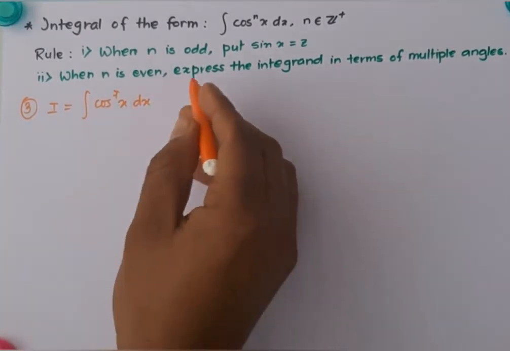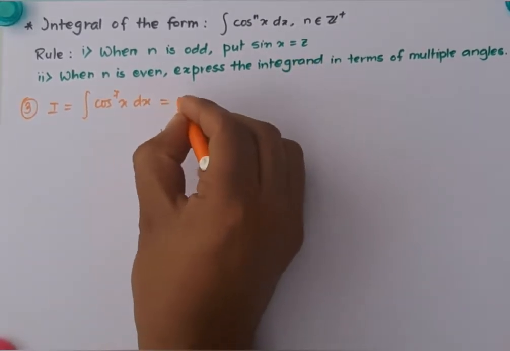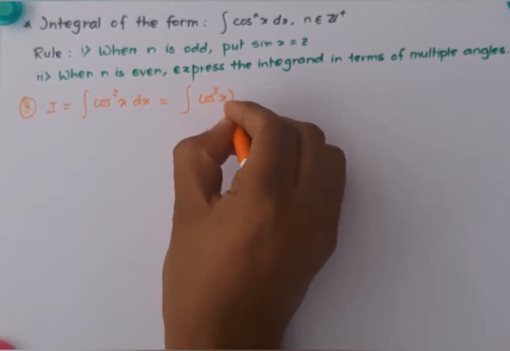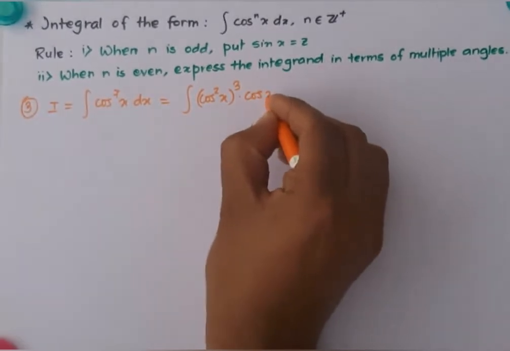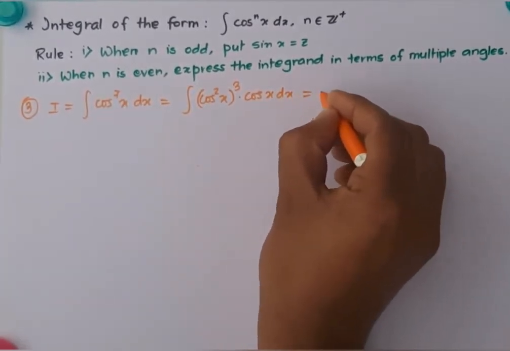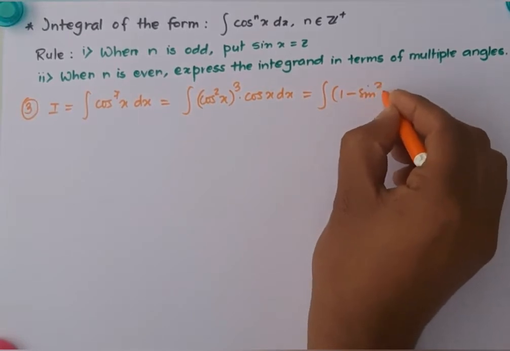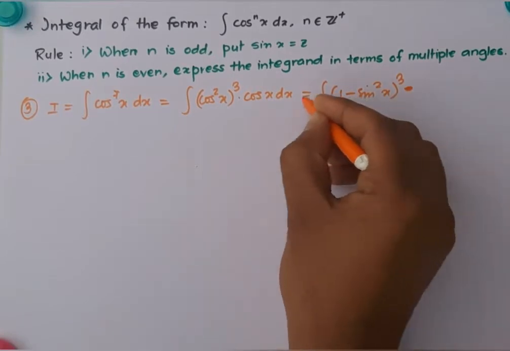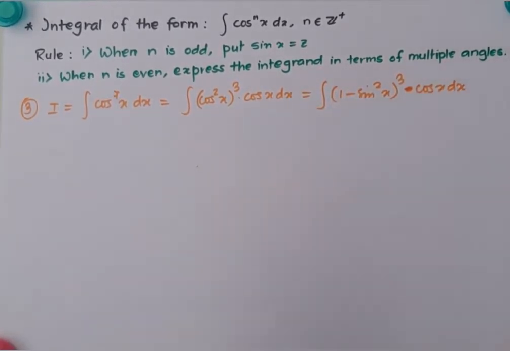Now as the rule says, put sin x equals z, and before that, all of you know that we will write this as (cos square x) whole cube into cos x dx, and this in turn can be written as (1 minus sin square x) whole cube into cos x dx. All of you know this, right?